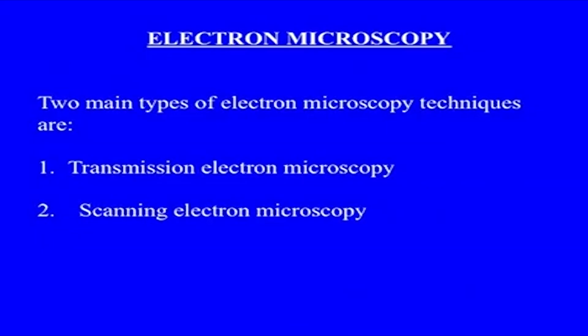Now, in this section we are going to discuss two main types of electron microscopy techniques, and these are transmission electron microscopy and scanning electron microscopy. In transmission electron microscopy, the images are formed by the transmitted electrons and it provides you the internal details of the specimen.